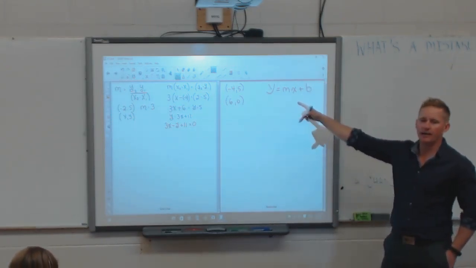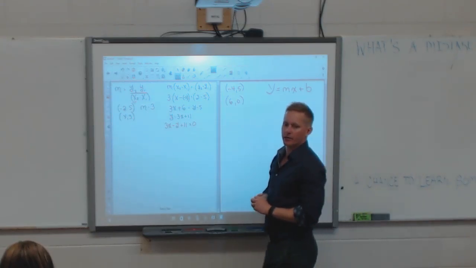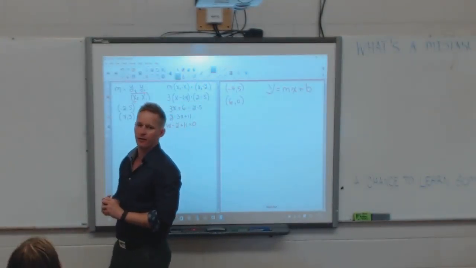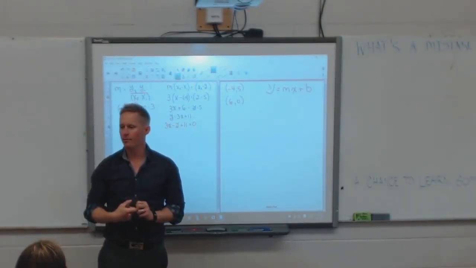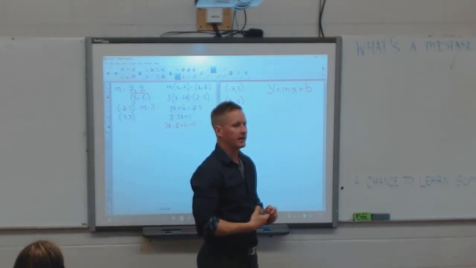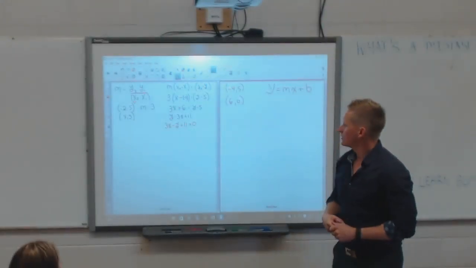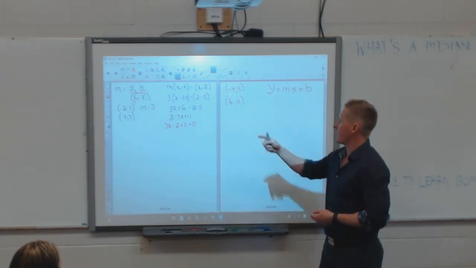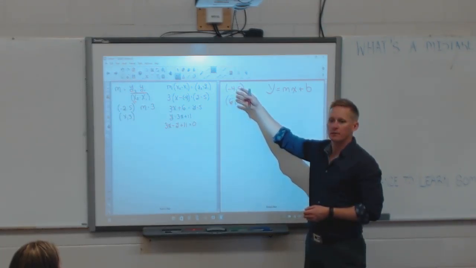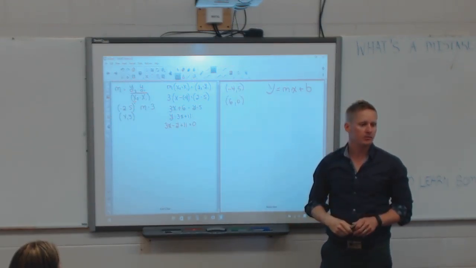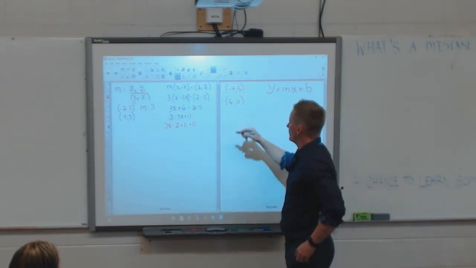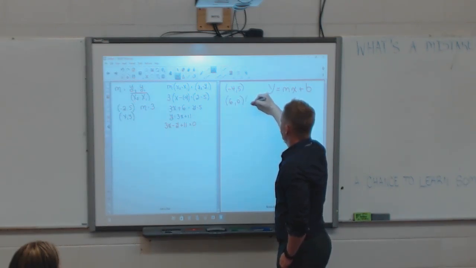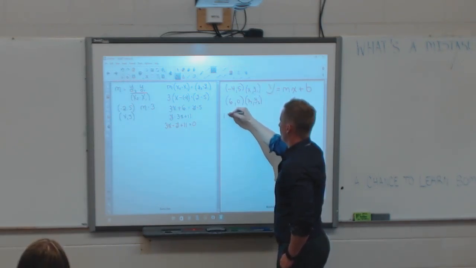What do I need to find in order to get this and make this an equation? What do I need to find? Slope and y-intercept. Okay? So the first thing I want to do is find the slope, because unless I draw it, I'm not going to get my y-intercept. So I'm going to make this x2, y2, and this x1, y1, and I'll find my slope.